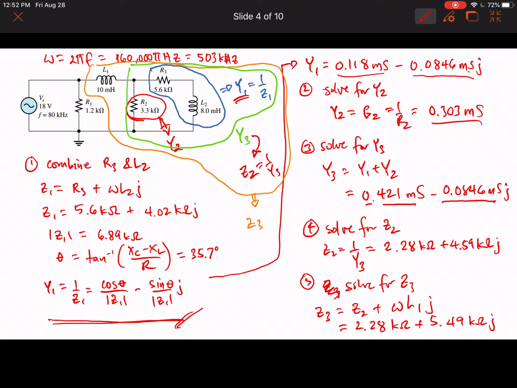So what we are going to do next is to get Y4, which is the reciprocal of Z3, and then combine that with Y5, which is the reciprocal of R1.